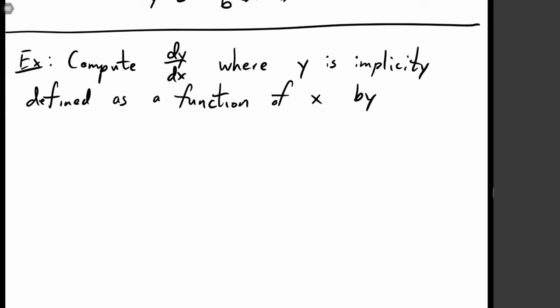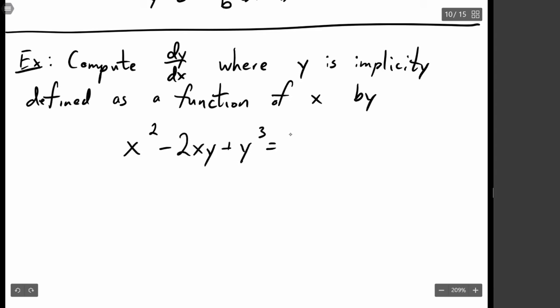Let's do x squared minus 2xy plus y cubed equals 7. So while it might be possible to solve for y here, it would be a lot harder than, say, in that equation for a circle.